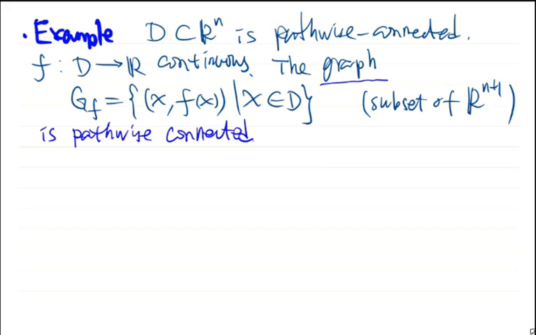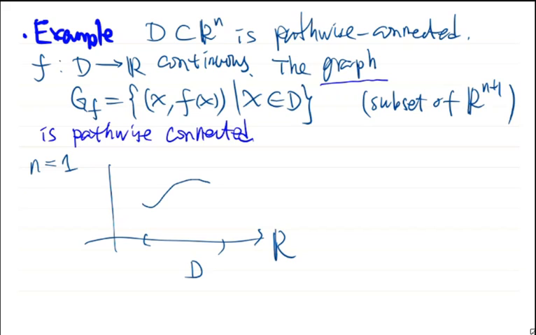For the graph of functions, I hope you are familiar with these things. For example, for the case n is 1, D is a subset of R, and the graph of the function is this curve. So this is G_f. It's a subset of R^2, right?